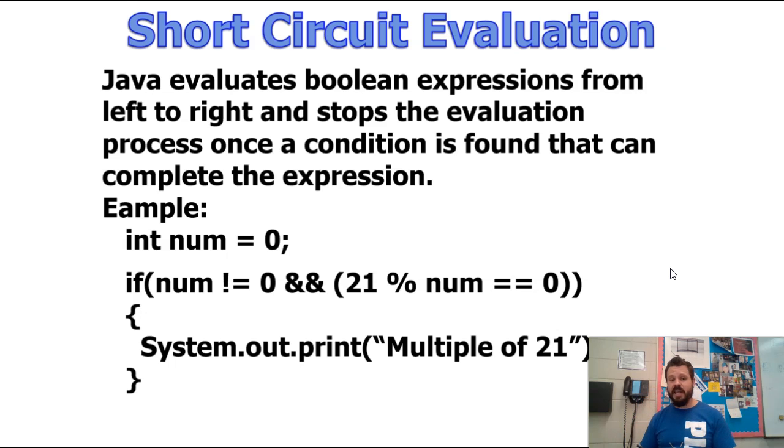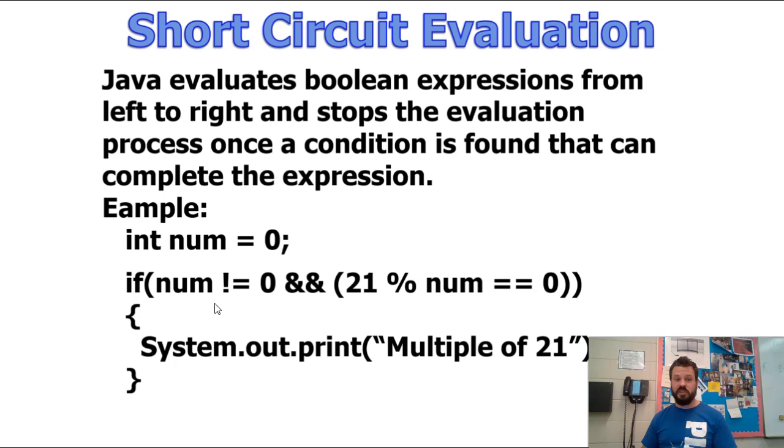Okay, why is this handy? Well, in the case of a program like this, if we set num equal to 0, I can't do modular arithmetic with zeros. I can't divide by zeros. So this right half of the Boolean expression would actually crash my program. We would throw an exception, which is why a lot of times we'll check to see if it's not 0 first, and if this is true, then we'll go over here and run our code.